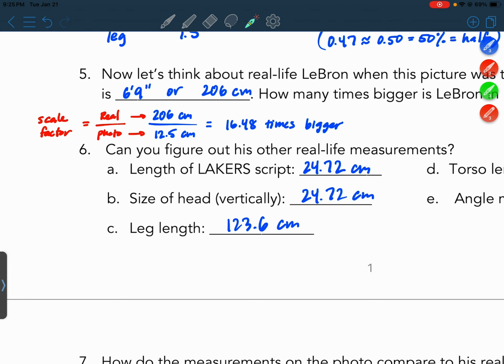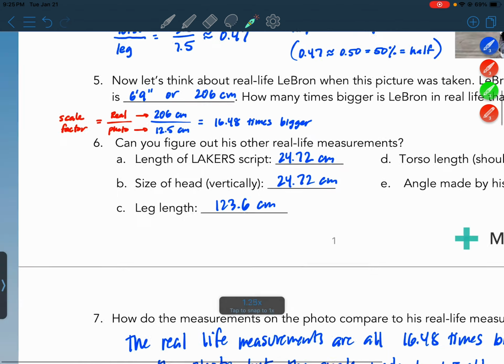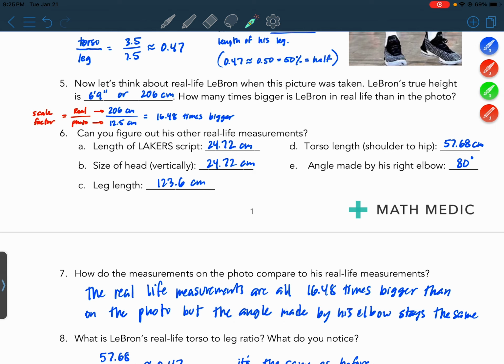All right, question number 6. Now, the idea here was to use your scale factor, which hopefully was something around 16.5. Might have been a little bit smaller, a little bit larger, depending on what you had for the photo measurement. So to use that to figure out what all the other real life measurements are.